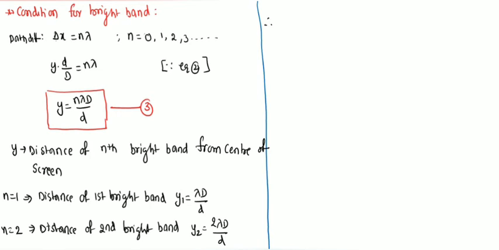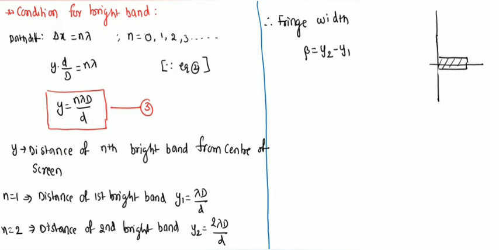I want the fringe width. Fringe width is nothing but the distance between successive bright bands. You will get this fringe width by subtracting the distance of the first bright band from the second bright band. Let me simply draw this: this is the bright band, it is the dark band we can consider, next it is the bright band, then the dark band, then the bright band.